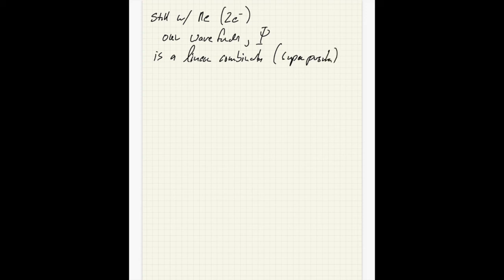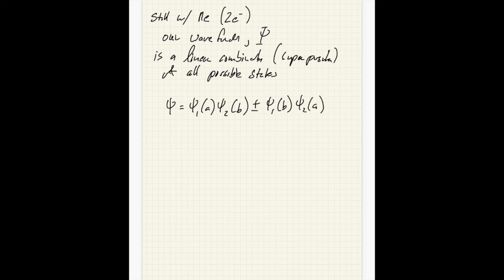And again, we just have the two electrons here, electron 1 in state A and electron 2 in state B. So our wave function is going to be the wave function for electron 1 in orbital A times the wave function for electron 2 in orbital B, either plus or minus the wave function where the electrons are switched, electron 1 in orbital B and electron 2 in orbital A. Because we know each electron will have its own set of quantum numbers, again back to the Pauli exclusion principle, we know that we can uniquely describe the energy of each of the electrons.